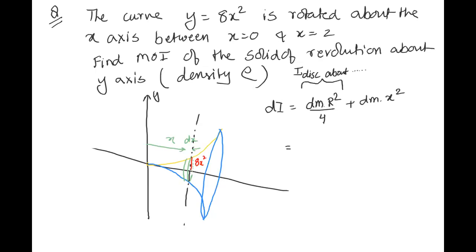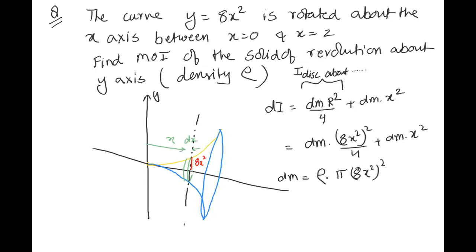So this will be equal to dm into 8x square whole square by 4 plus dm into x square. What is dm? dm surely must be density into the volume of the object. So it must be pi into r square dx, right?